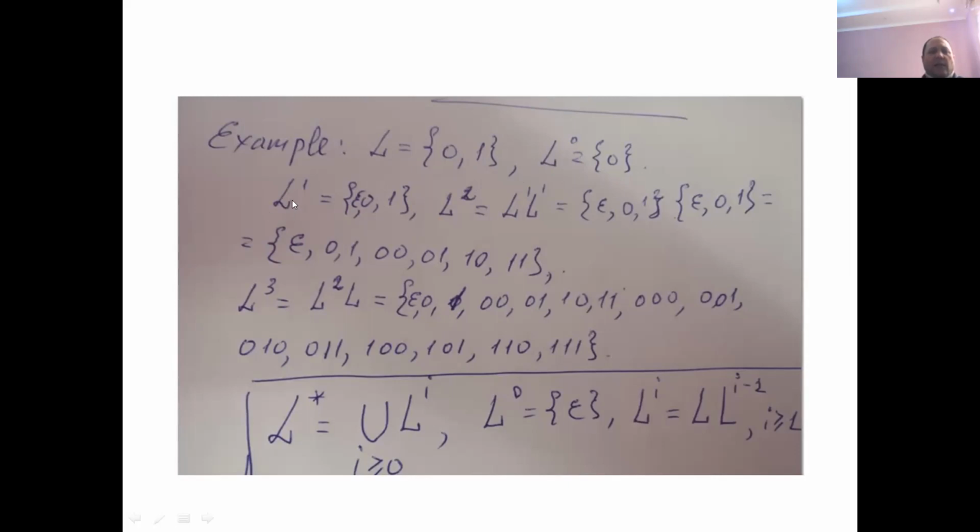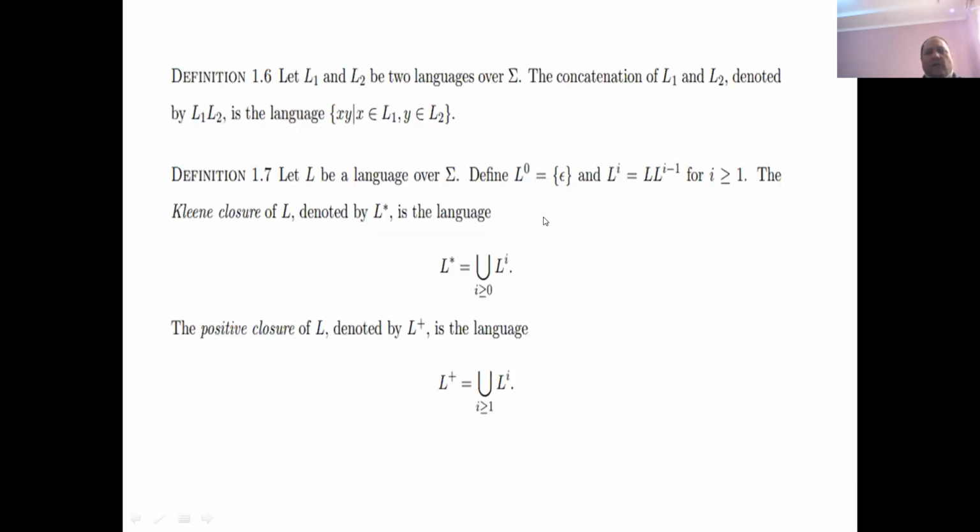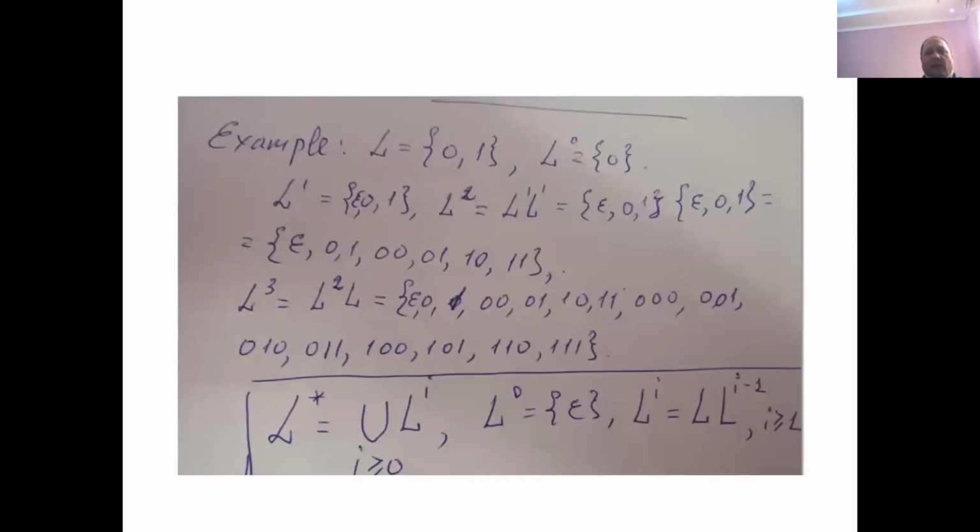What does L to the degree 1 mean? It also consists of 0 and 1. L to the degree 2 means the concatenation of L1 and L1.